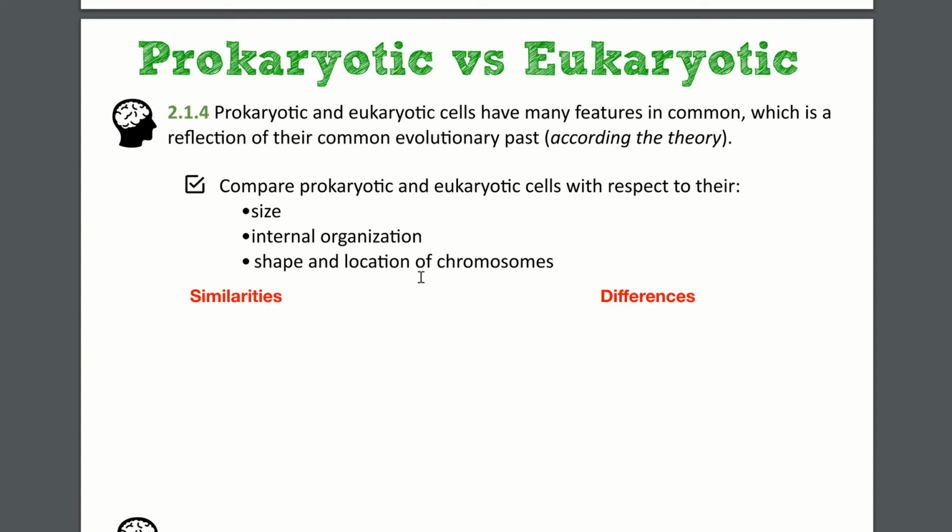Shape and location of chromosomes. For prokaryotes, we don't really call their DNA chromosomes. Usually for chromosomes in biology, we are referring to the X shape, the very condensed DNA that is seen during mitosis or meiosis.